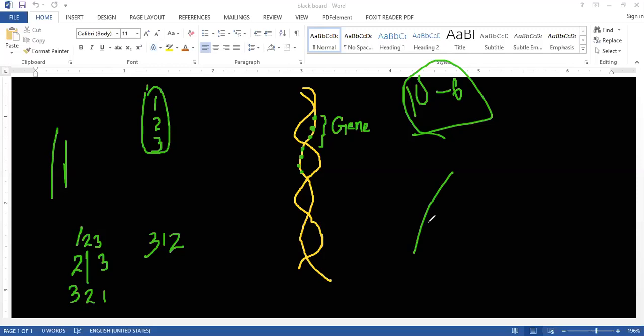So if this is a gene which is responsible for the shape of your hair, then if Almighty wants to change that gene order, that means if you are straight, you become curly. And He will change the gene, which means 1, 2, 3, which is responsible for straight hair, He will change to something like 3, 2, 1.